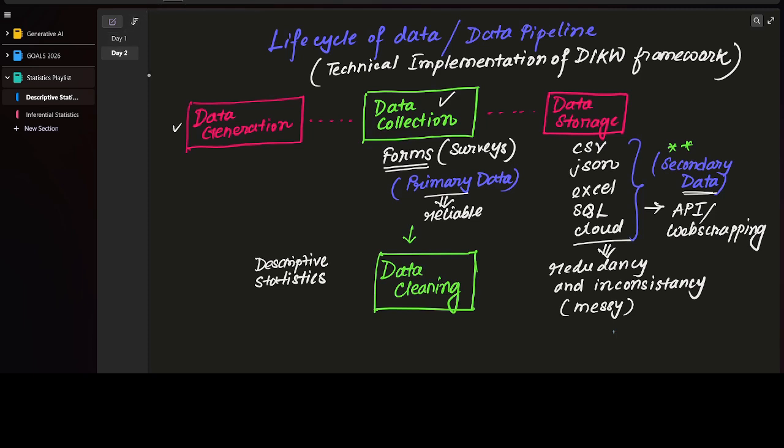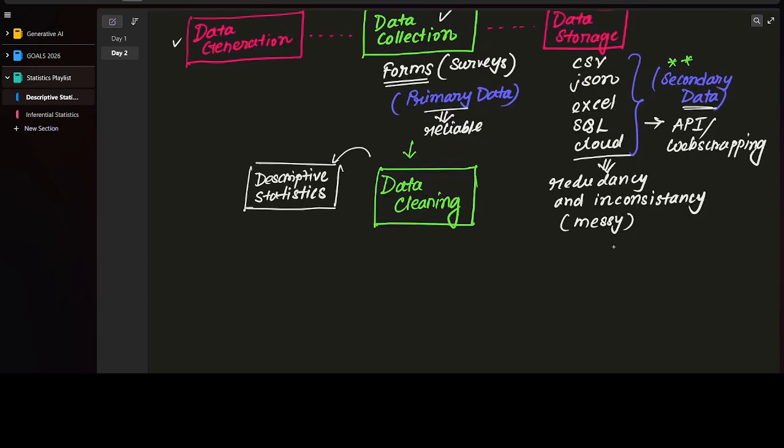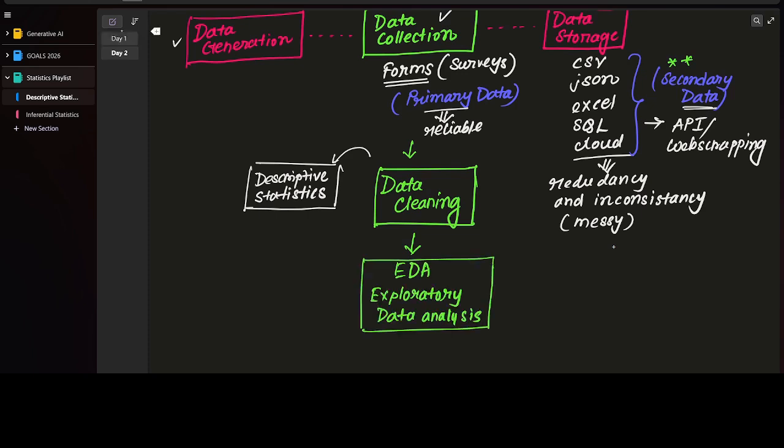But here the main thing is this logic: we need to know these descriptive statistics measurements for data cleaning purposes. In the next step, we can simply do EDA, exploratory data analysis, and in this also you need to take help of descriptive statistics. This is how important it is.